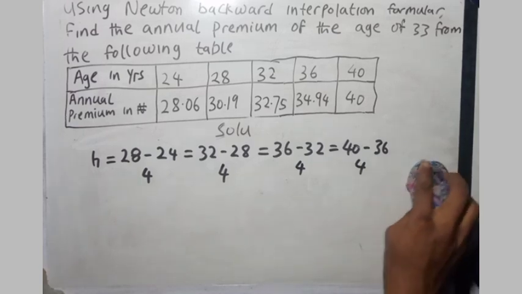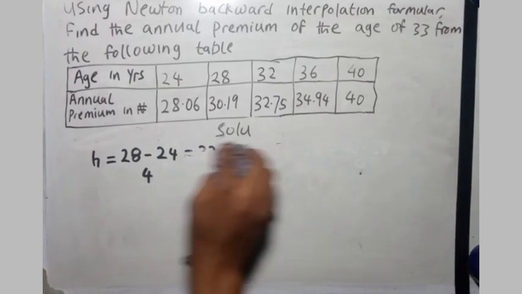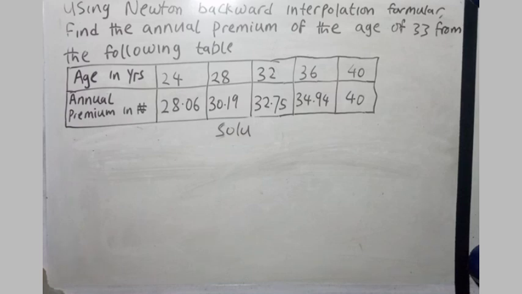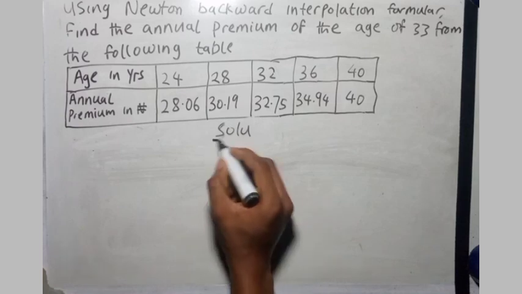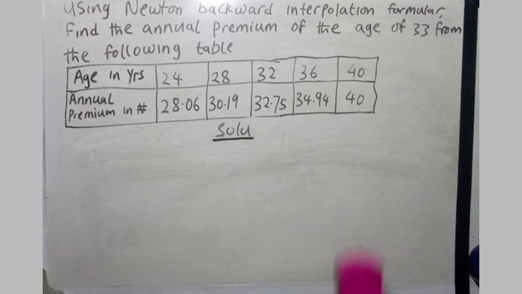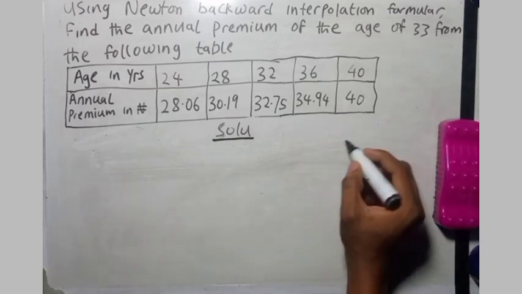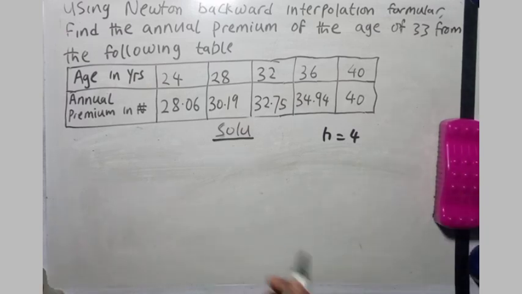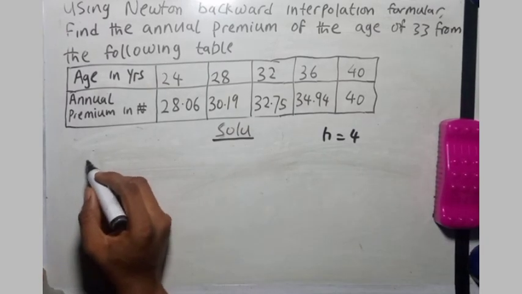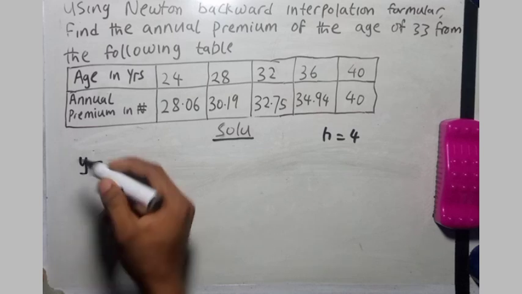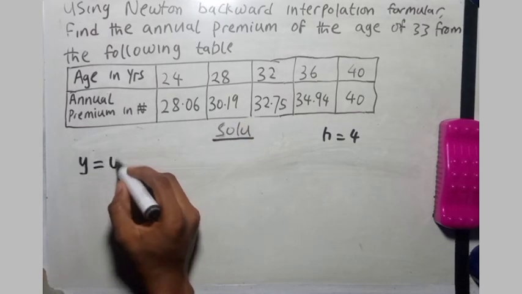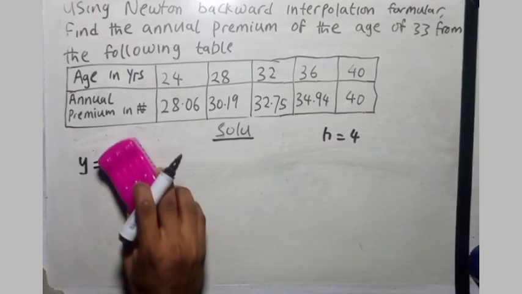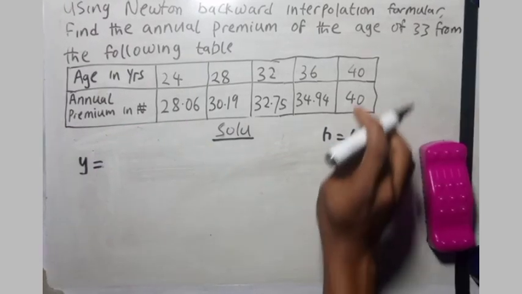Our formula is slightly different from our forward method. We have our h to be 4. Let's keep that aside. Now our formula is y, which is the one you're looking for, equal to your last y, not your first y.